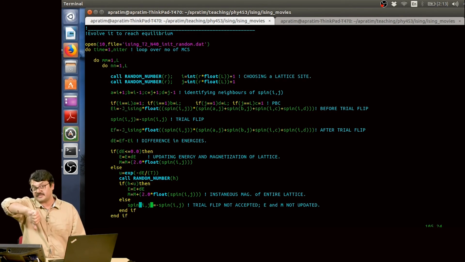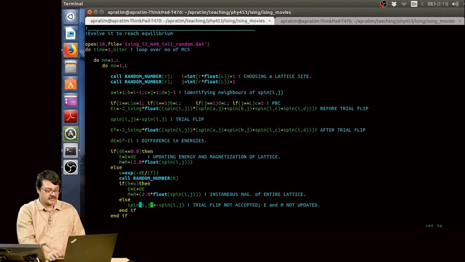Now, I say okay, this trial spin flip is not accepted, then I have to put it back to plus 1. So, that is exactly what I am doing in this step. And of course, I do not need to update the m and the E.